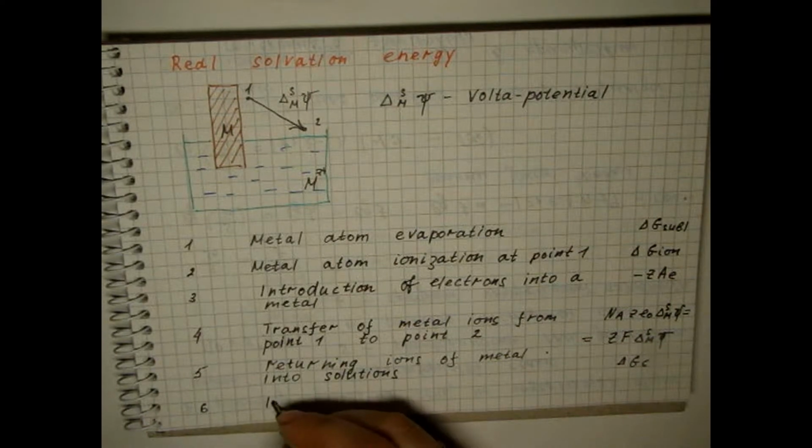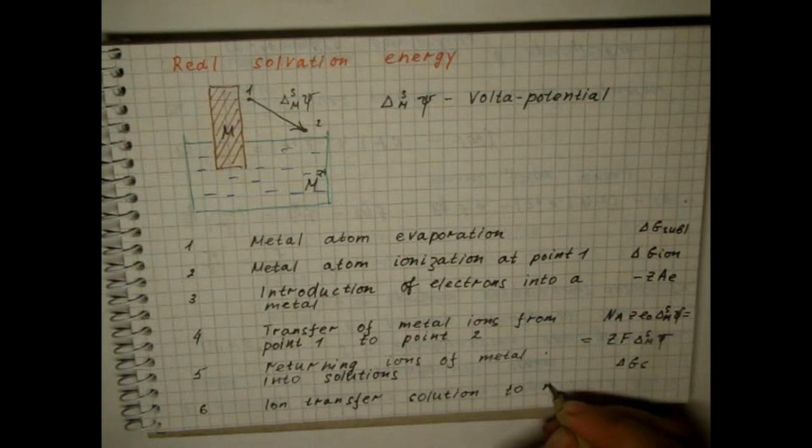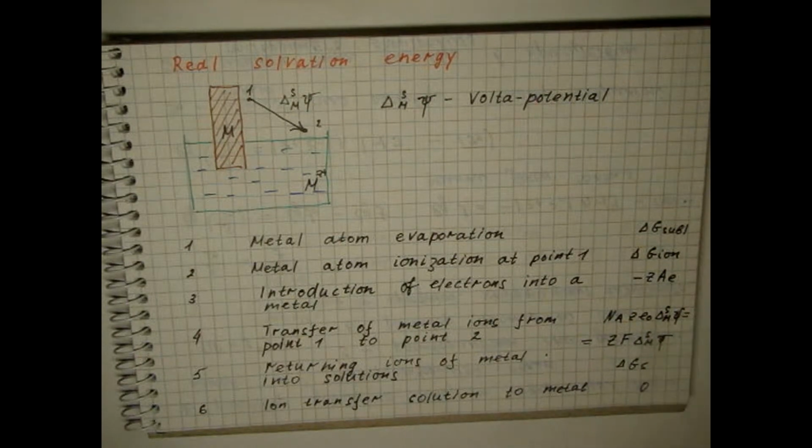To complete the cycle, we transfer the metal ions from the solution to the metal. Under conditions of electrochemical equilibrium, the work of this process is zero.